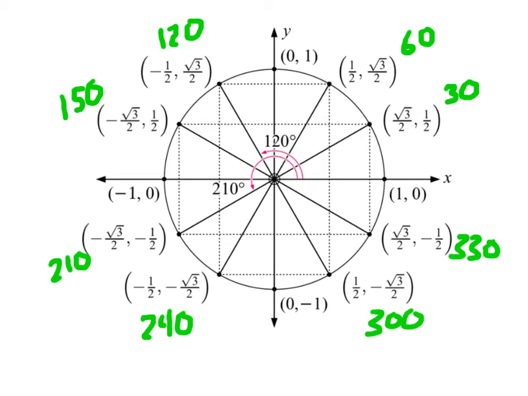The lesson here is that if you learn how to calculate the coordinates for 45 degrees and the coordinates for either 30 or 60 degrees, you can then quickly come up with the coordinates for all of the multiples of 30 and 45 without having to use a calculator.